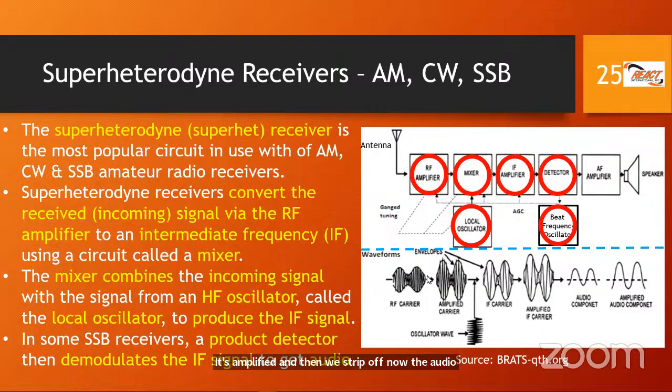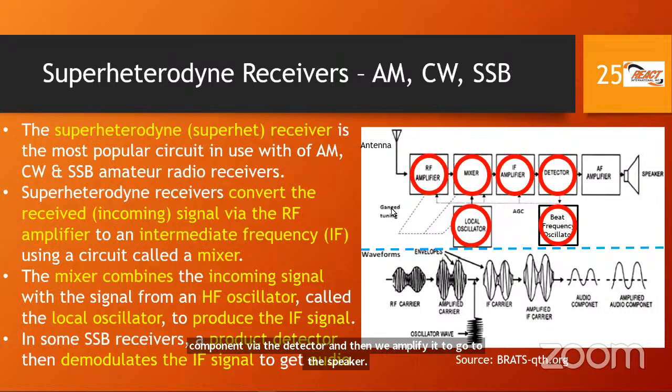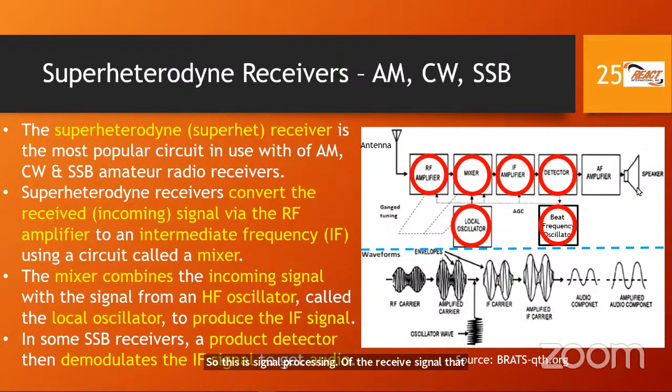So this is signal processing of the received signal towards the speaker, and this is why it's called a receiver. You're getting the radio frequency signal, and you're listening on that frequency so that you can hear who is speaking and what they're saying. These are the various stages in the superheterodyne receiver, sometimes called the superhet receiver.